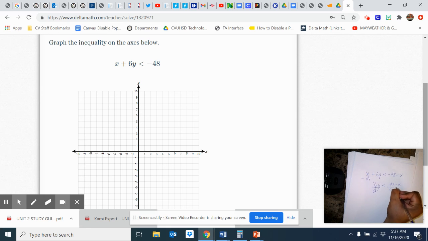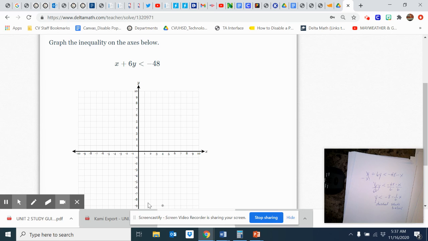About 6, about 6. Y is less than -8, and this is -1 over 6x. Okay, so -8. And this is going to be dashed, shade below, because it's pointed towards the y. The inequality is dash, shade below.